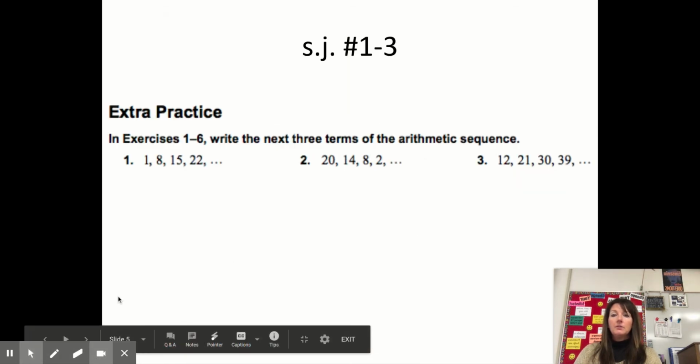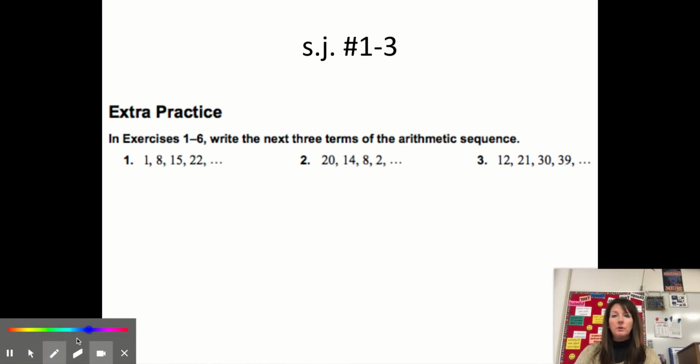Okay, so let's give ours a try. This is in your student journal on page 124. So we'll write the next 3 terms. So from 1 to 8, we are adding 7. 8 to 15, adding 7. So notice that we have this constant change.